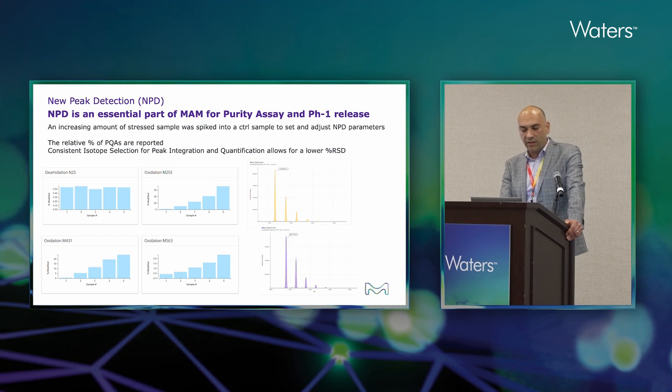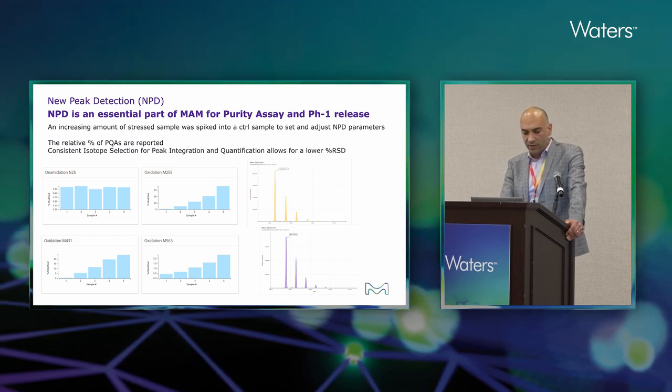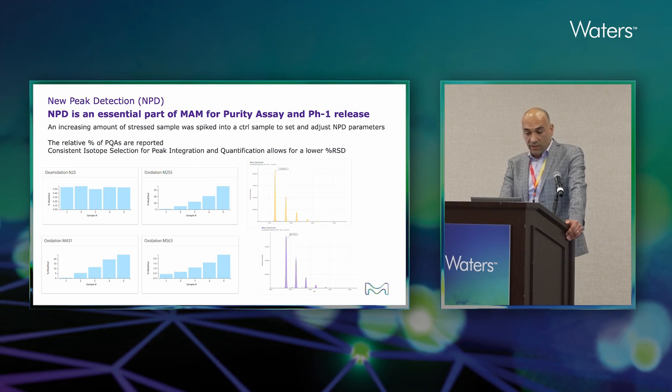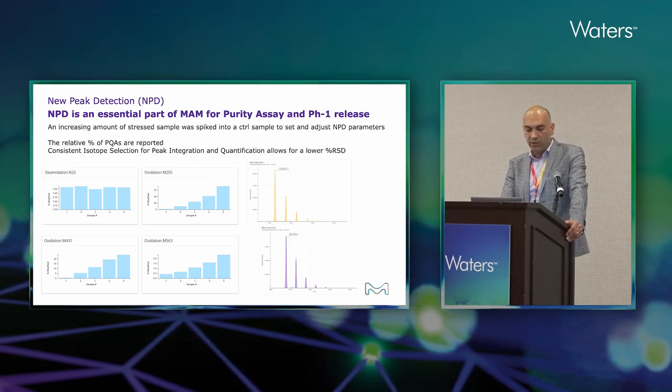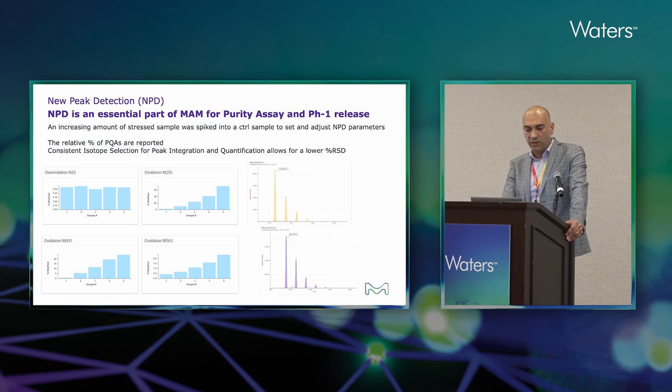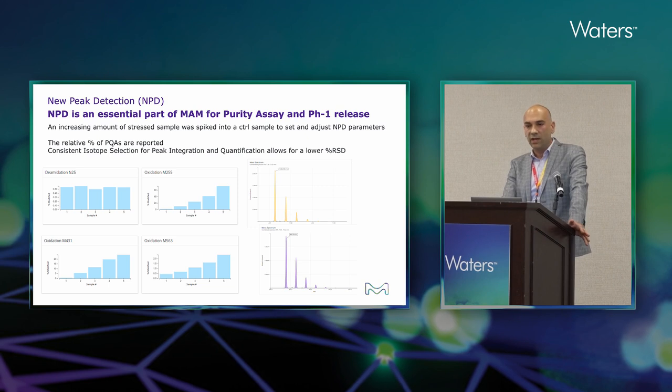As expected, they are extremely stable. The oxidation is not impacting the amidation. I have to say that the peptide mapping application uses a consistent isotope selection for peak integration, and you can also select the number of charge states you want to extract every time. It is really useful and it allows you to really reduce the RSD.